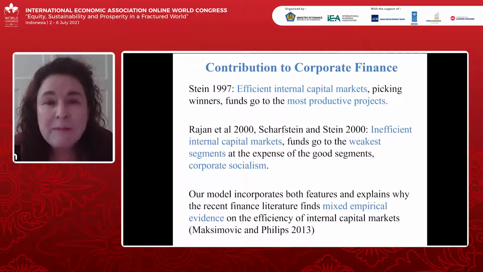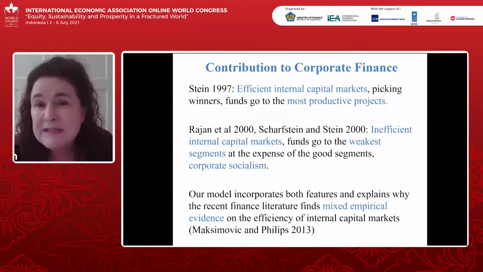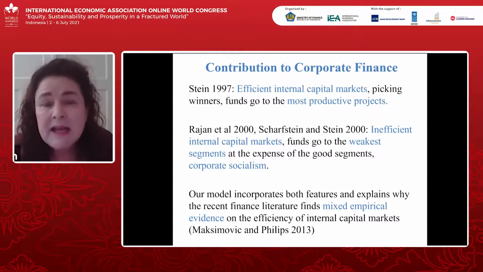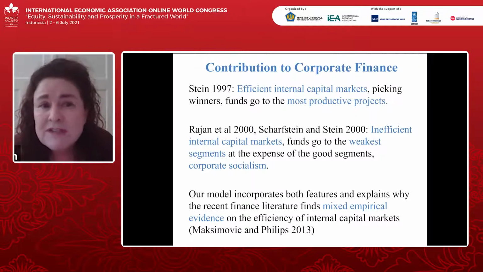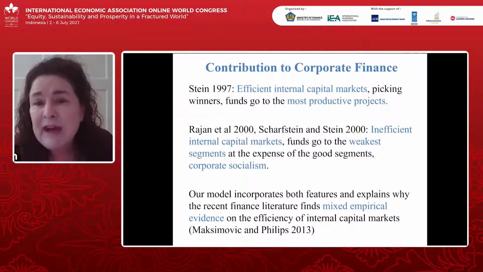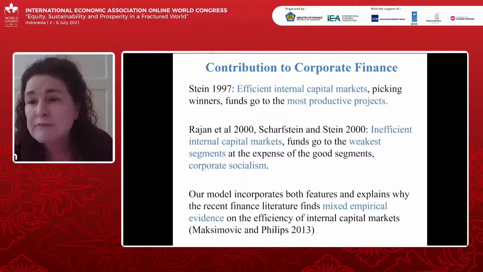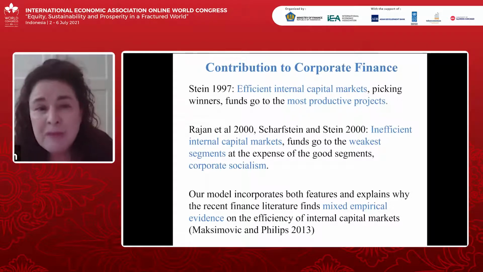So our paper contributes to the corporate finance literature. In a seminal paper by Jeremy Stein, he said that internal capital markets are efficient. The firm engages in winner picking, and the funds go to the most productive projects within the firm.